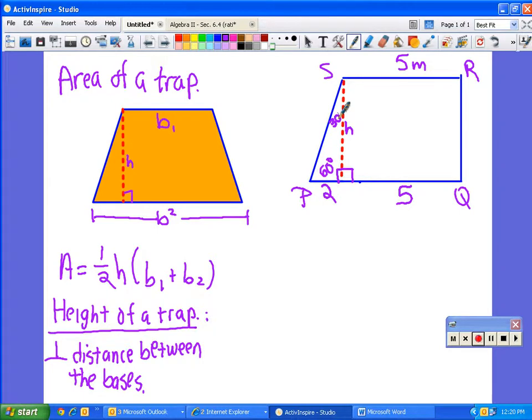Because it's a special right triangle, we know that there's a special relationship between the sides. We learned either a set of ratios or some equations for a 30, 60, 90 right triangle, which are on your reference sheet.